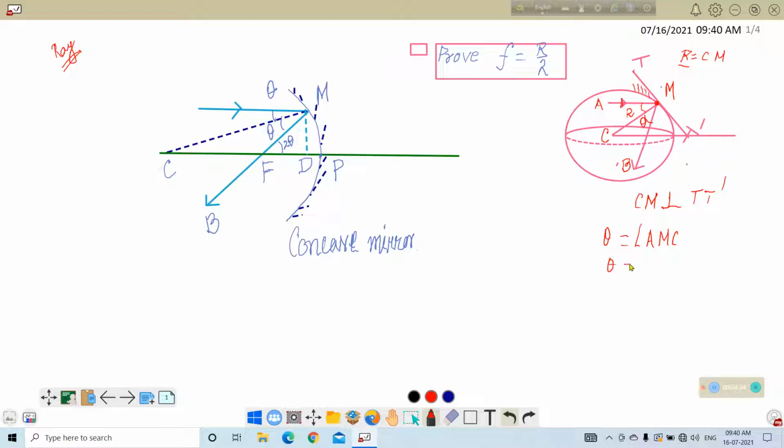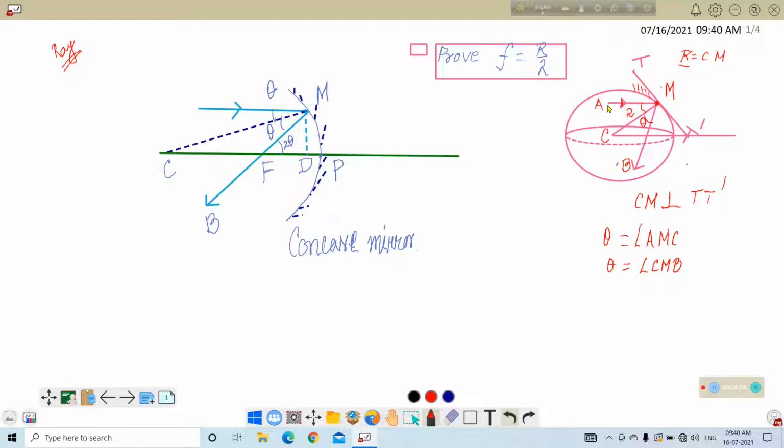Theta is equal to CMB. We may say theta prime, then theta is equal to theta prime. Actually, angle of incidence is equal to the angle of reflection.